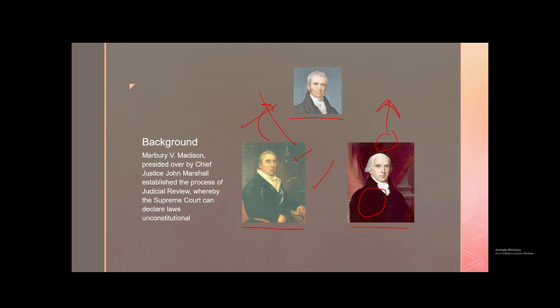Which means they decided that the Judiciary Act of 1789, parts of it, just the specific part they were discussing, was unconstitutional under Article 3, Section 2 of the U.S. Constitution. Now, it's important to pay attention to exactly what happened here.